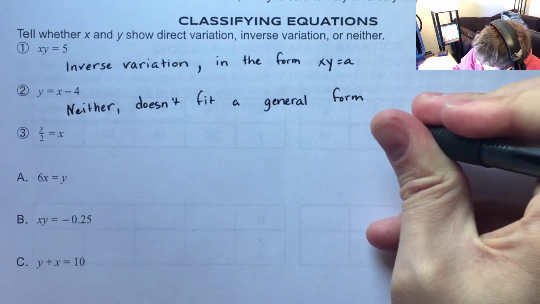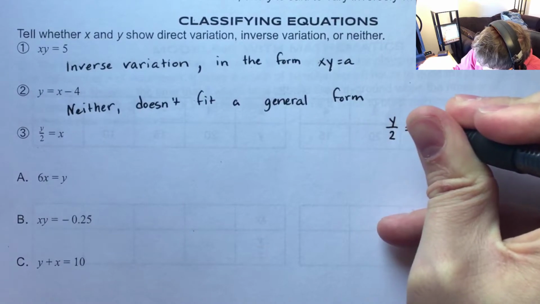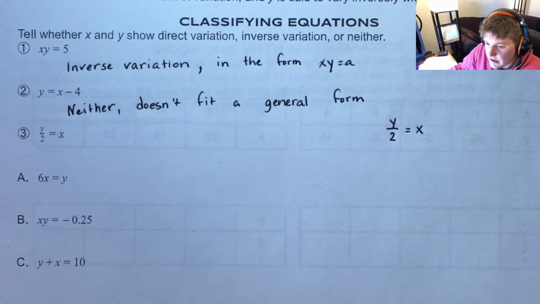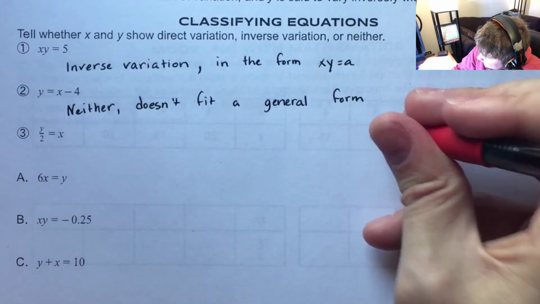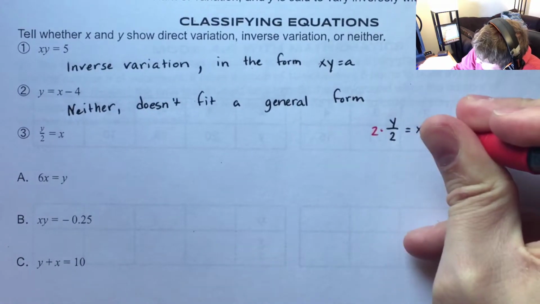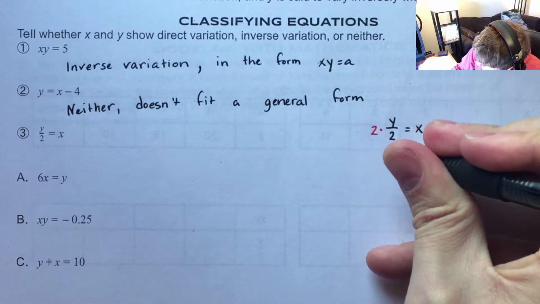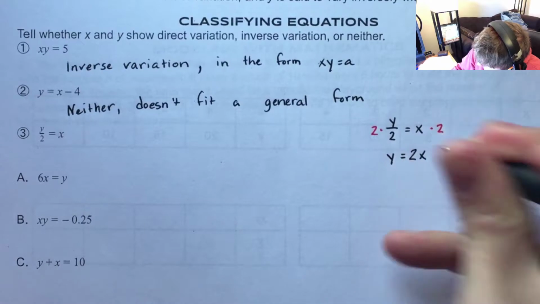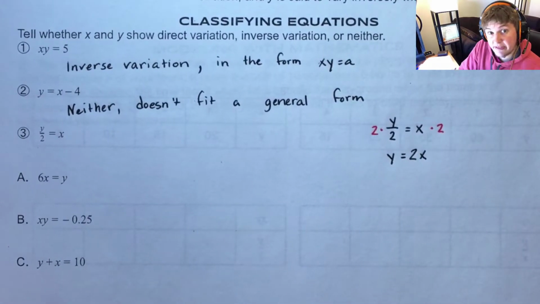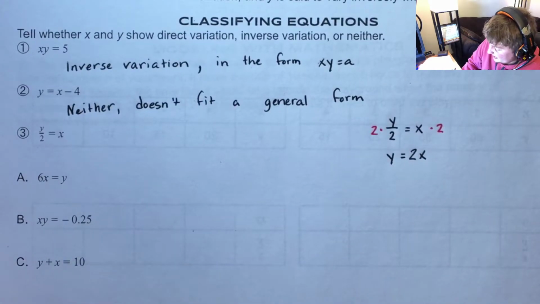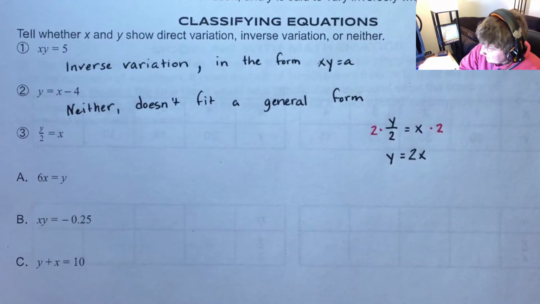So I have y divided by 2 is equal to x, and I can manipulate this equation easily. Let's just try to get the y by itself, because that's going to be pretty easy. I can just multiply by 2. And so now I have y is equal to 2 times x. Now this equation fits very nice and neat into the general equation for direct variation.